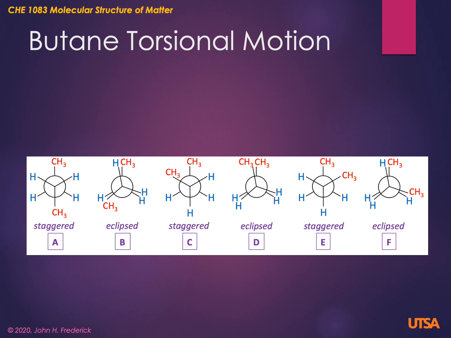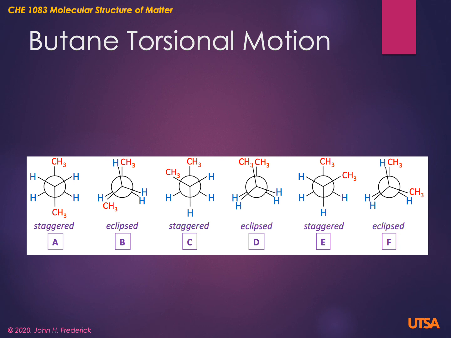And I want you to look at E and C, and notice that the relative relationships of these various things that are attached to the carbon atoms on the central carbon-carbon bond are relatively equivalent. So in fact, we would expect C and E to have a similar potential energy.